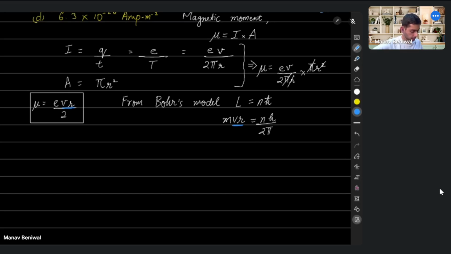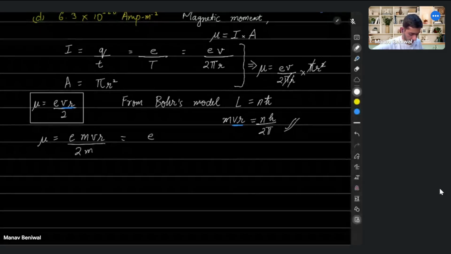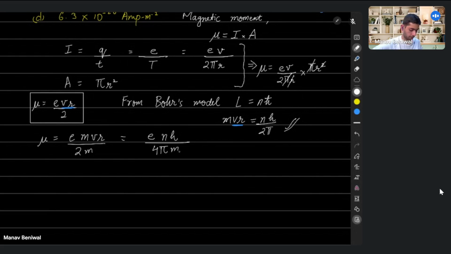Okay, so then we can write our mu as e, we will multiply with 1 m and we will divide by 1 m like this. And then for m v r we can simply plug in this value n h over 2 pi. So our mu becomes e n h over, now this 2 times 2 will become 4 pi m.